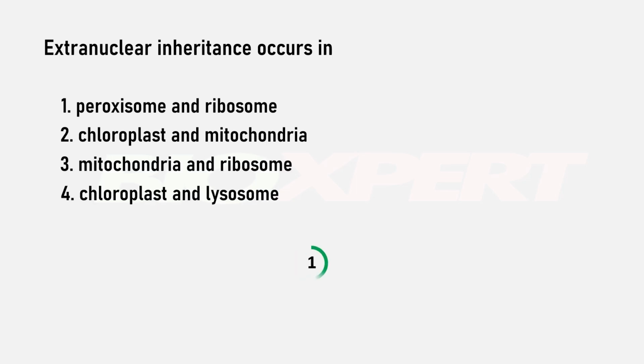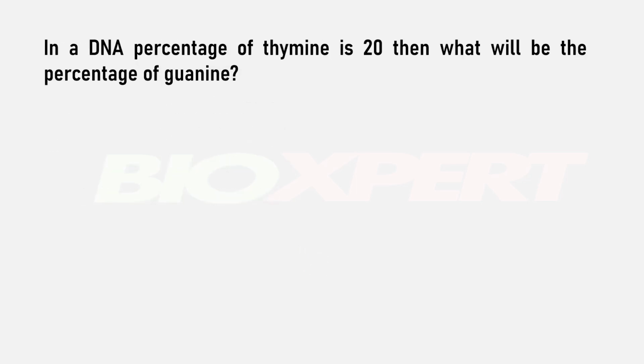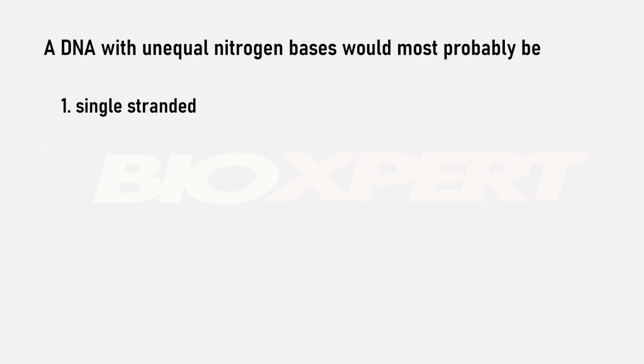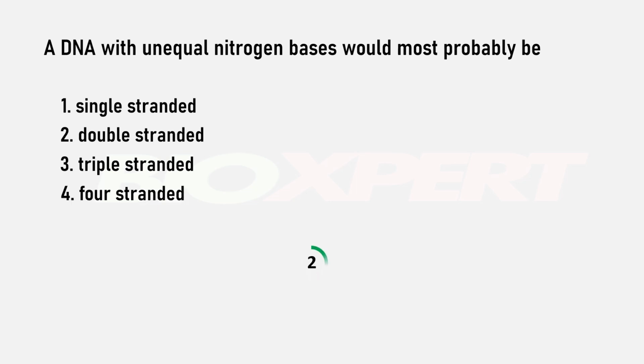Extranuclear inheritance occurs in chloroplast and mitochondria. In a DNA, percentage of thymine is 20. Then what will be the percentage of guanine? 30%. A DNA with unequal nitrogen bases would most probably be single-stranded.